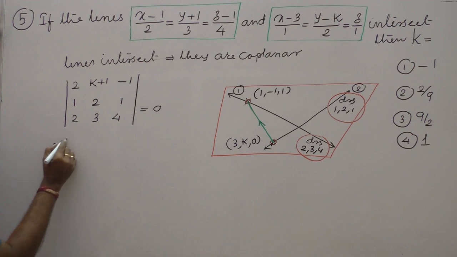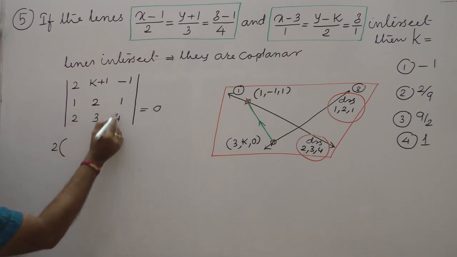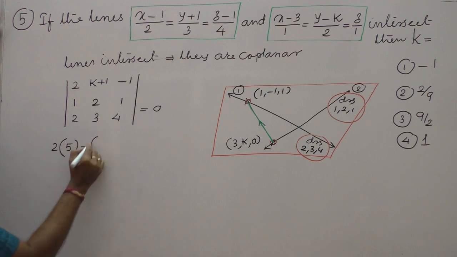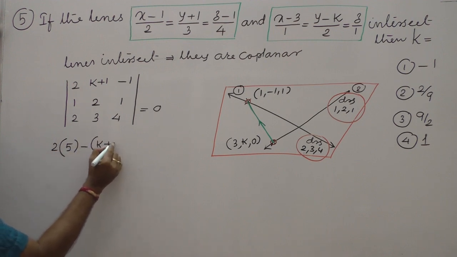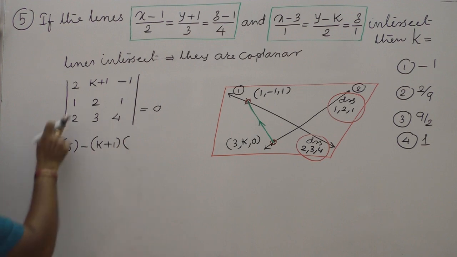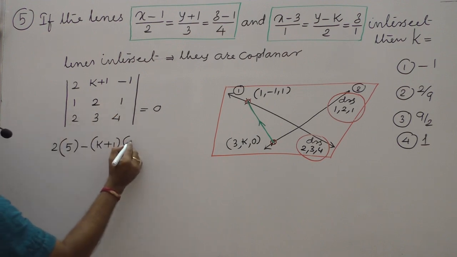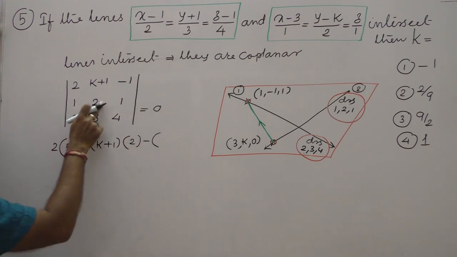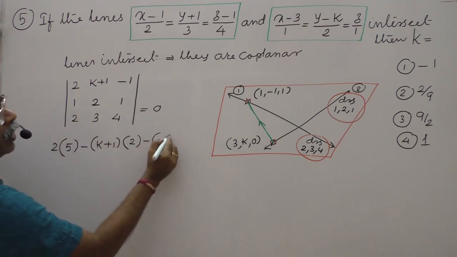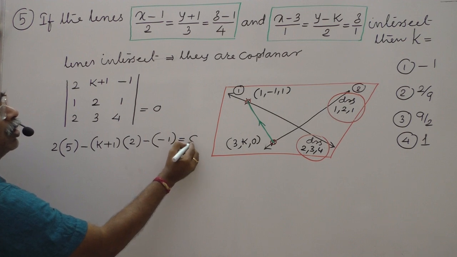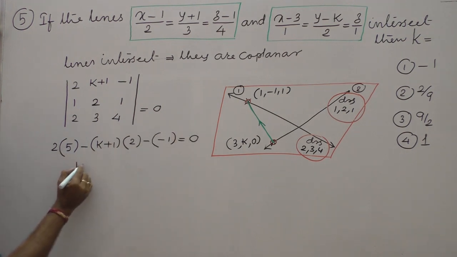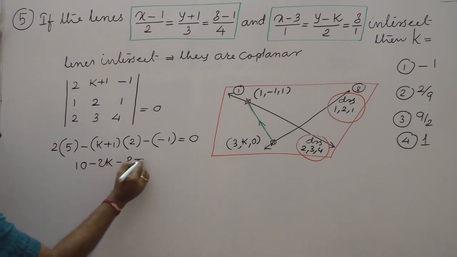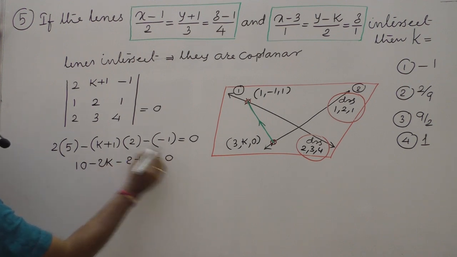We shall expand this: 2 into 8 minus 3, what is it? 5. Minus of k plus 1 into 4 minus 2 is 2. Next, minus 1 into 3 minus 4 is minus 1, equal to 0. So if I expand this, 10 minus 2k minus 2 minus into minus plus 1.